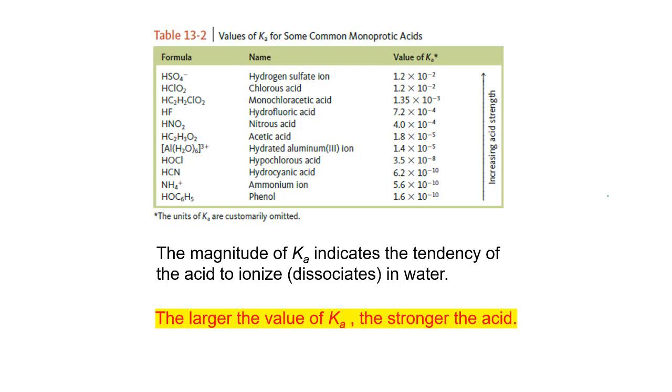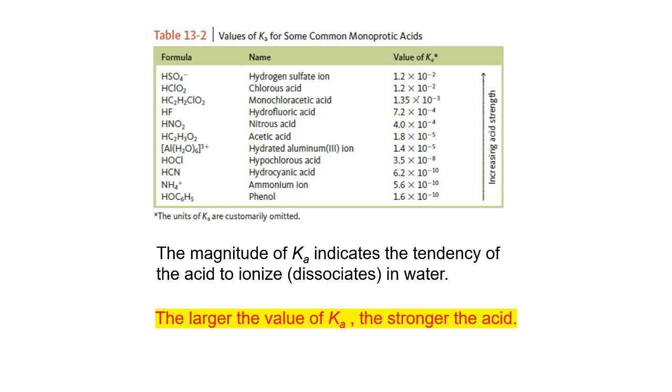So ini contoh values of Ka for some common monoprotic acid. Jadi kalau awak lihat dalam table tu ke atas, nilai Ka dia makin besar. Okay, ni 10 kuasa negatif 10 ke atas kuasa negatif 2.